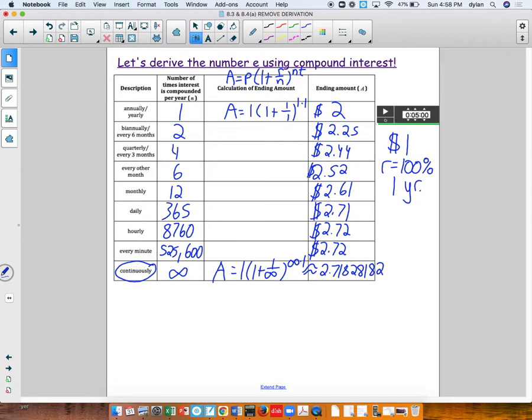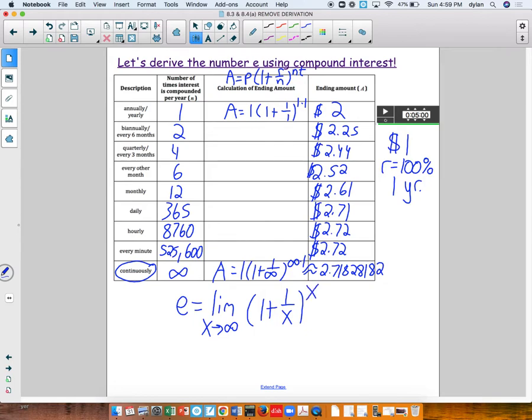And in fact, this is something you're going to look at more in pre-calculus as well, but the definition of E is actually the limit as some variable x approaches infinity of the formula 1 plus 1 over x raised to the x.